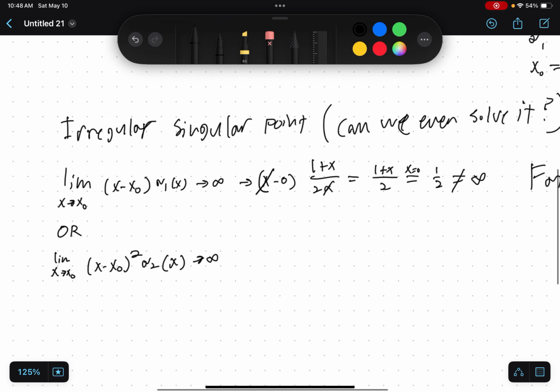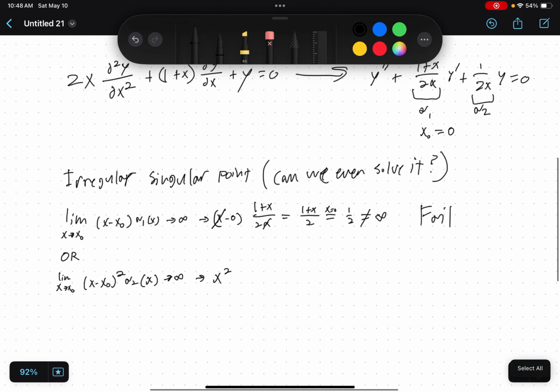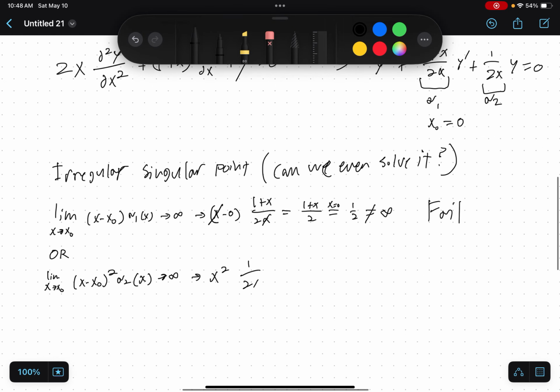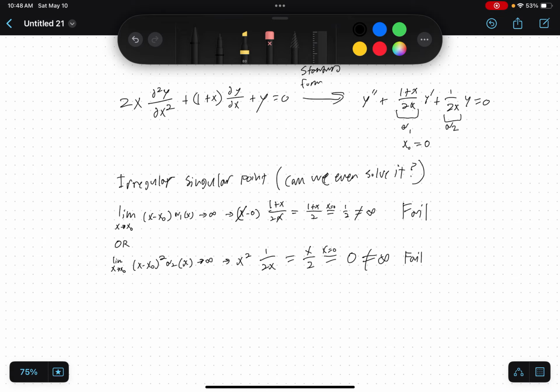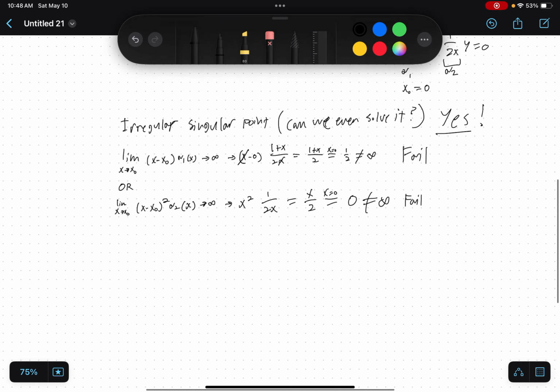So that check fails. Here we have x minus 0, so I'm just going to call it x squared times a2, which is 1 over 2x, which equals x over 2. We plug in 0, and we get 0, which doesn't equal infinity. So can we solve it? Yes. Okay, so it fails the test that would say we can't solve it.